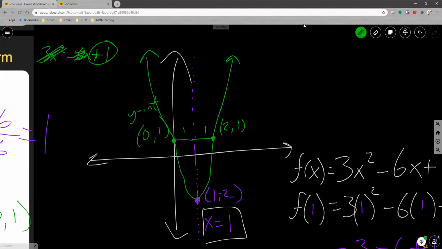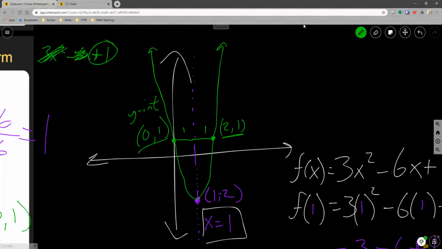Again, this is a bad drawing, especially this left side. Let's see if I can fix that. It's a sketch of what's going on. And what I get is a parabola that has a vertex at 1, comma -2, a y-intercept at 0, comma 1, a mirrored point for the y-intercept over at 2, comma 1.